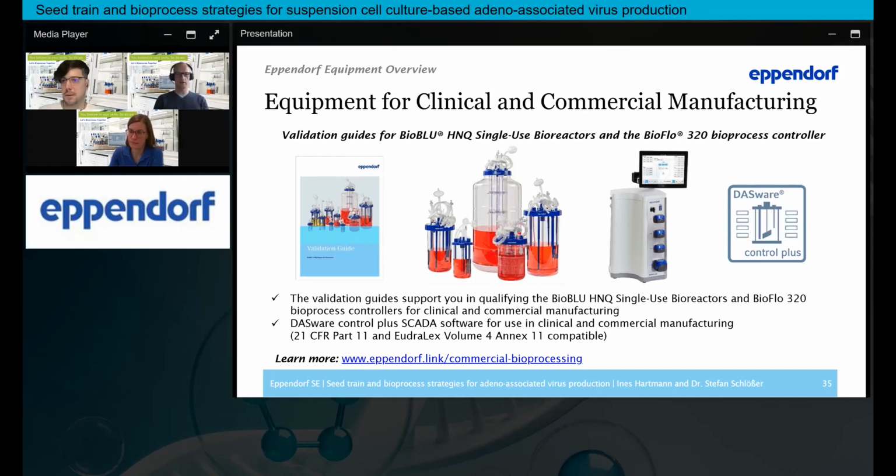I mean, both have their valid use, I would say. However, if we look at the approach here, which is AAV production, and we think about that we are also using our equipment for clinical and commercial manufacturing, there are quite some rules that you need to fulfill, especially about how clean your bioreactor needs to be.